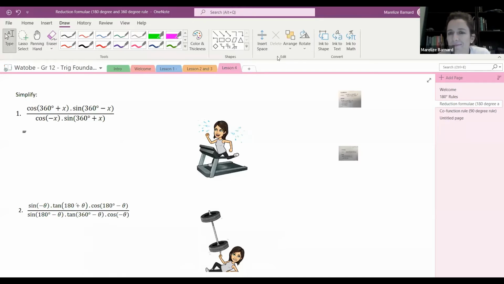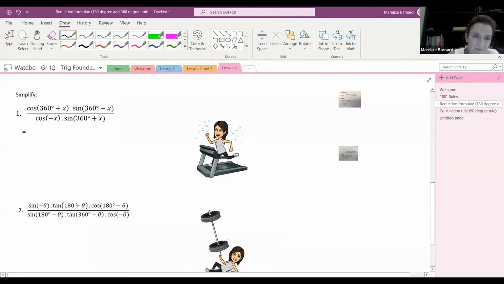Yeah, ma'am, I was saying that since here we have cos 360 plus x multiplied by sine 360 minus x divided by cos negative x sine 360 plus x, right? Cos 360 plus x is in quadrant 4 where cos is positive. So I think that one will change to cos x. And then sine 360 minus x is in quadrant 4 also where sine is negative.